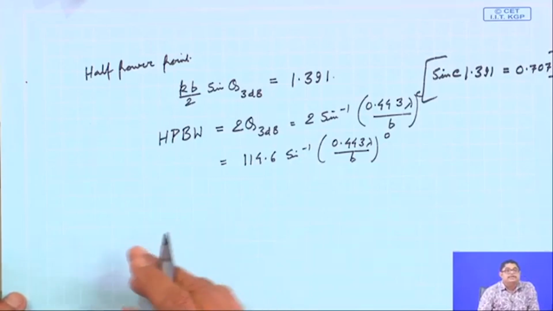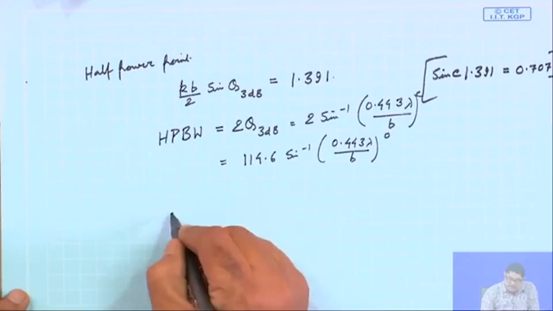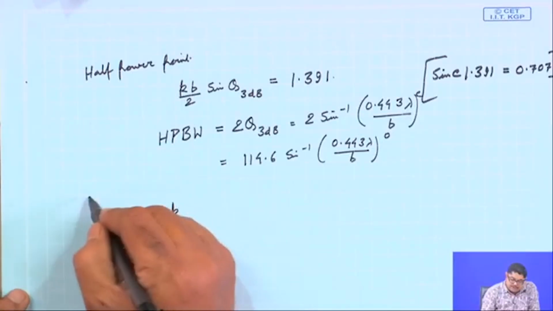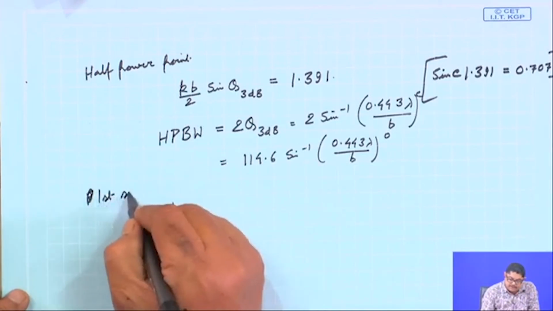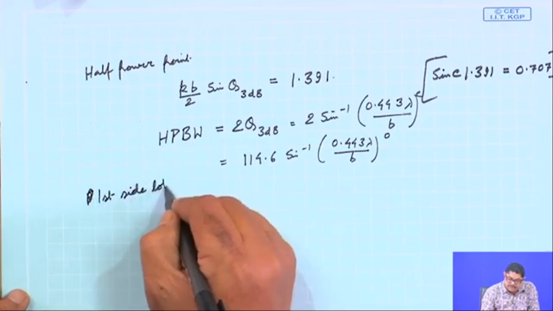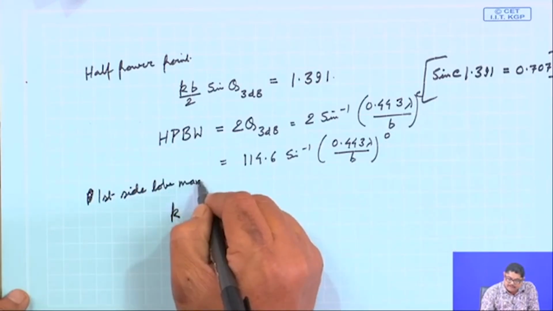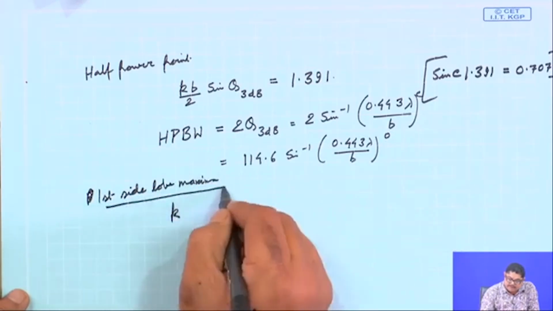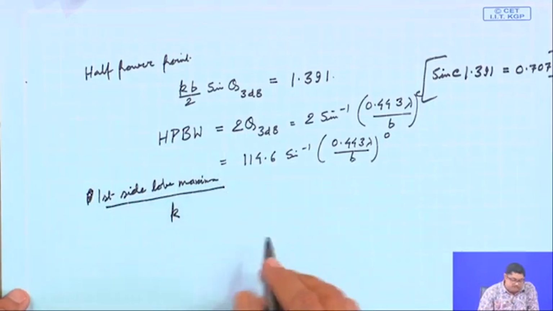Similarly, the first side lobe maxima, where does that occur? Again a known thing: for a sinc function this value is known.